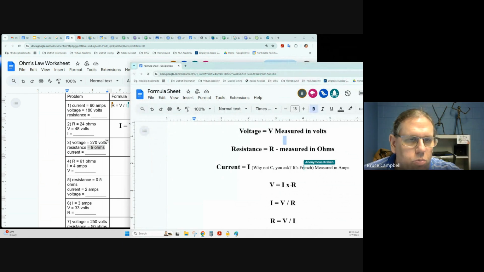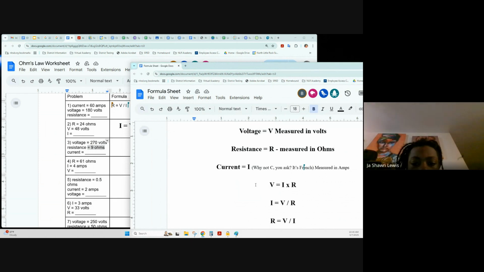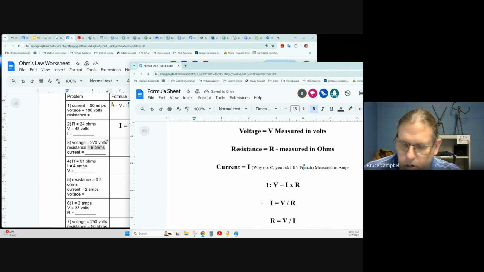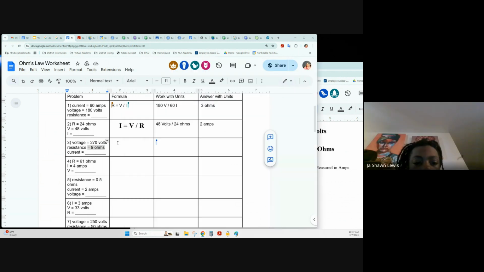So which one of our three formulas, 1, 2, or 3, are we using here? We're using 2, okay. Right, because they give us voltage, they give us resistance.